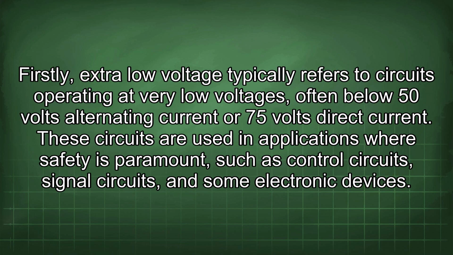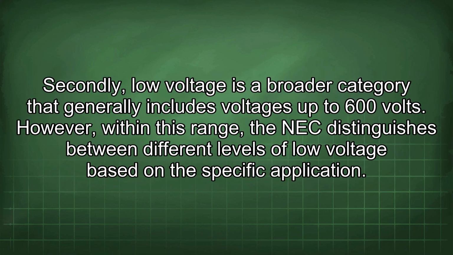Firstly, extra low voltage typically refers to circuits operating at very low voltages, often below 50 volts alternating current or 75 volts direct current. These circuits are used in applications where safety is paramount, such as control circuits, signal circuits, and some electronic devices. Secondly, low voltage is a broader category that generally includes voltages up to 600 volts.